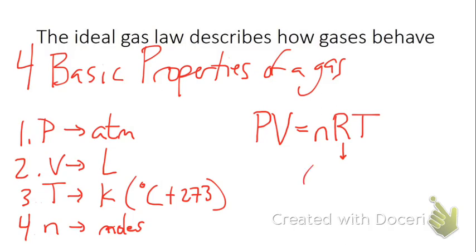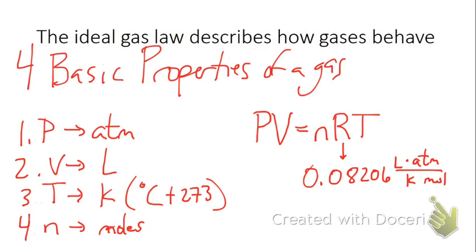And so the gas constant you will be given, but again, you'll use it so much that you'll memorize it, is 0.08206 liters atmospheres per Kelvin moles.